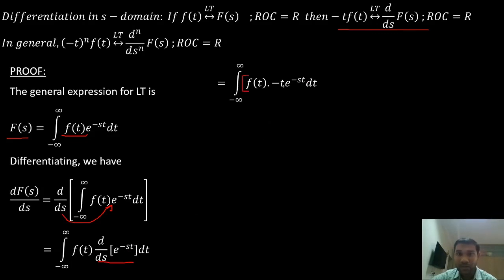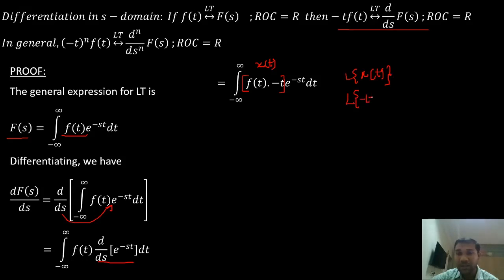So this term here, let us assume it is some x of t. So this is of the form of integration from minus infinity to plus infinity of x of t e power minus st dt, which is nothing but the Laplace transform of x of t. That is nothing but the Laplace transform of, what is x of t?